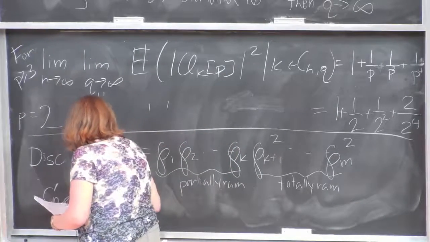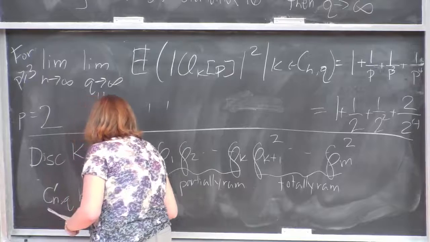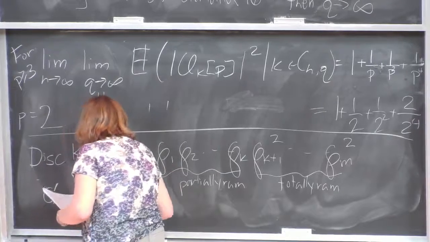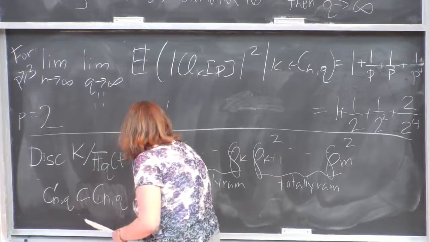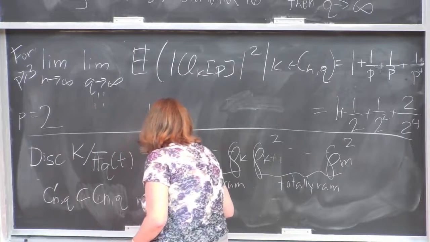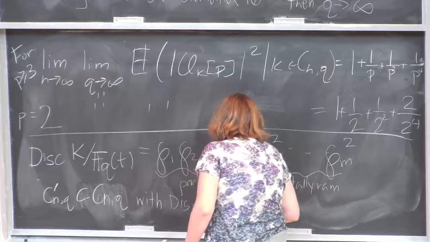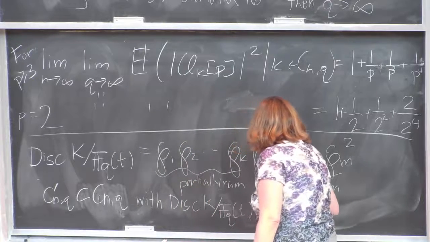Maybe I'll just write it's a subset of C_{n,q} with this discriminant not square free.